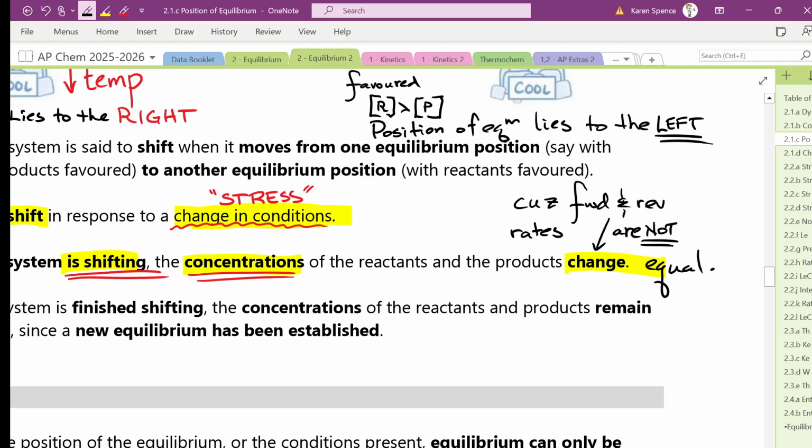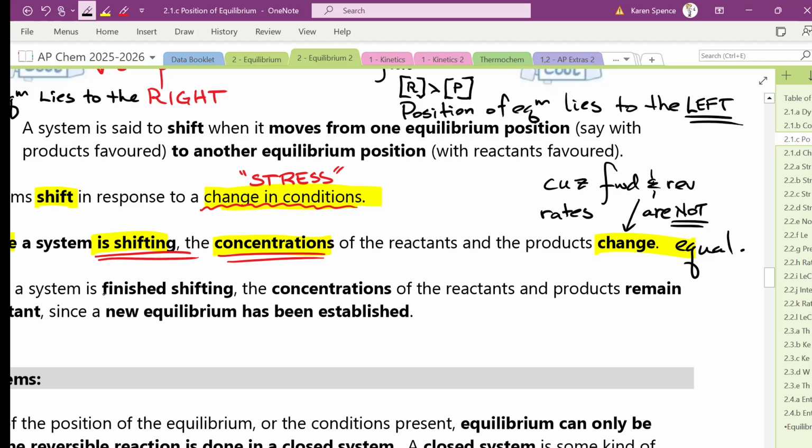Once the system is finished shifting, we will have reached a new equilibrium, and the concentration of products and reactants will remain constant.